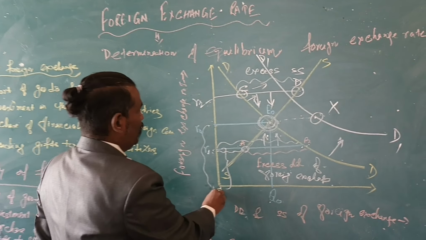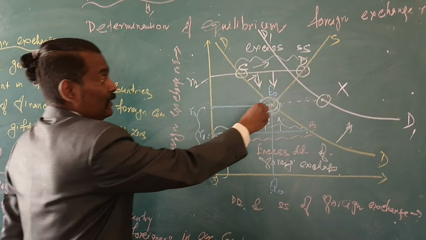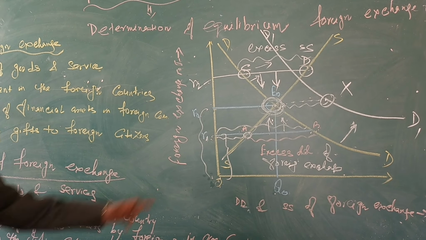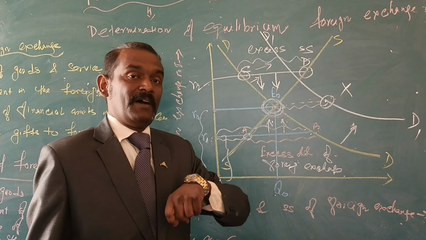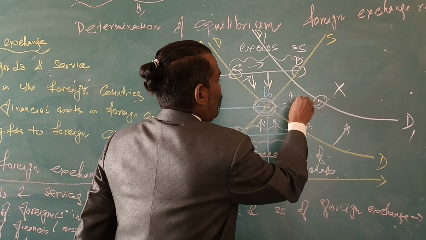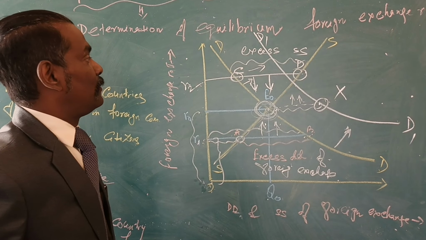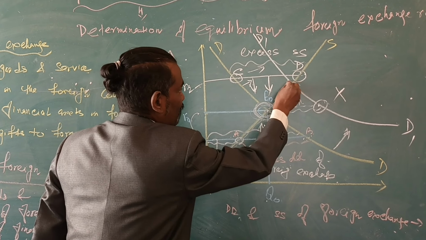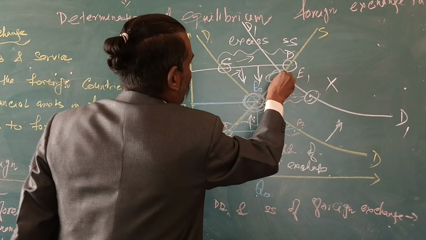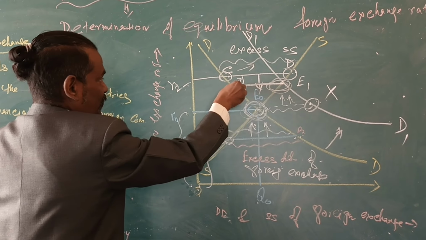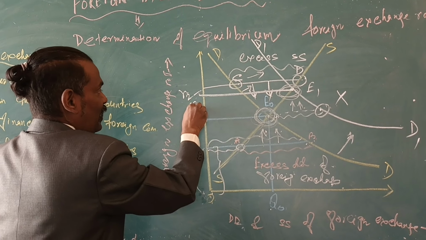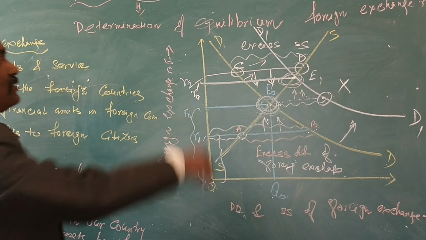What we can see is that at the equilibrium exchange rate, there will again be an excess of demand. And if there is an excess of demand, what will happen? There will be upward pressure on the price until the new equilibrium point E1 has been achieved, and the new equilibrium rate is OR0 dash.